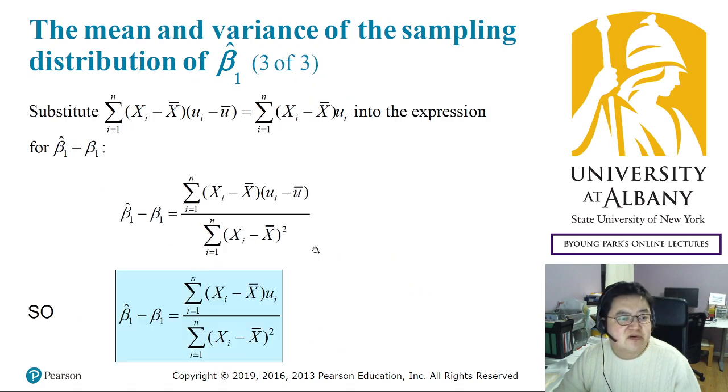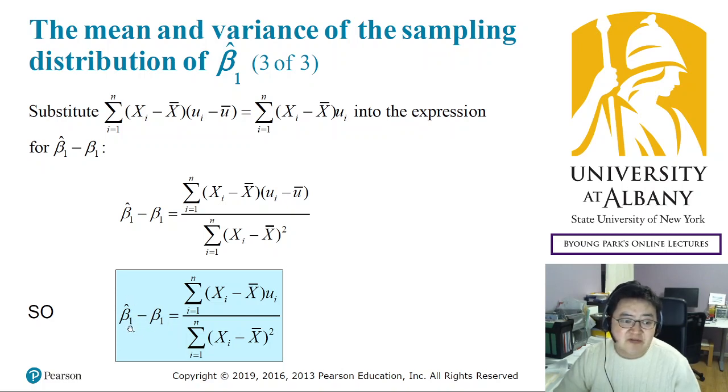And after some complicated derivations, you get to this point. What this means is important because beta 1 hat is your estimator, and beta 1 is the true value. So you would like to estimate beta 1, and you estimate it by beta 1 hat.